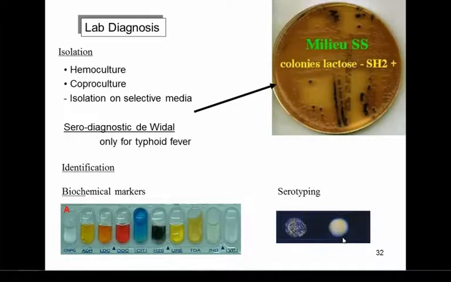So if the antibody on the beads does not recognize the antigen on the surface of the bacteria, then the beads just stay in suspension. It's homogeneous, which is what you see here. So this is positive, this is negative in an agglutination test.